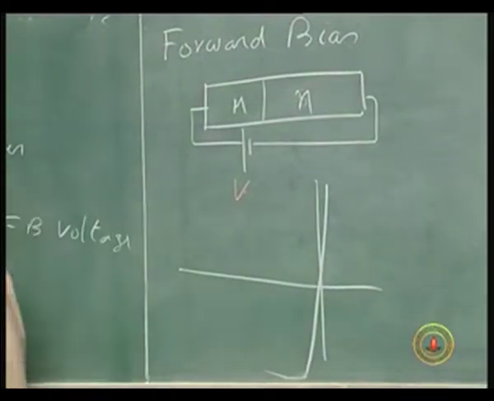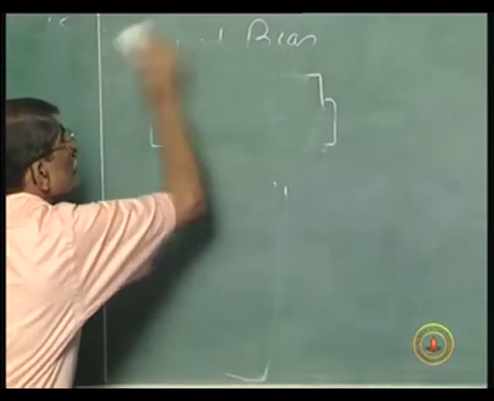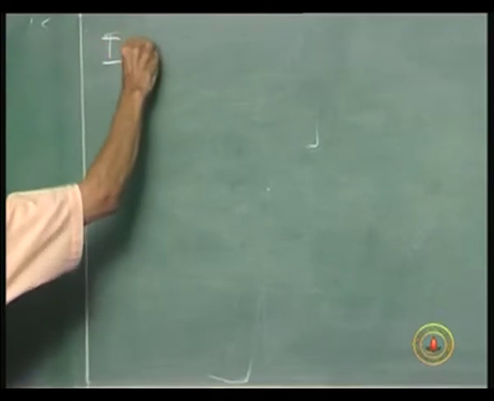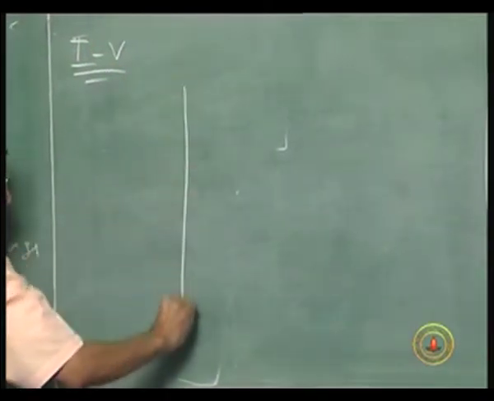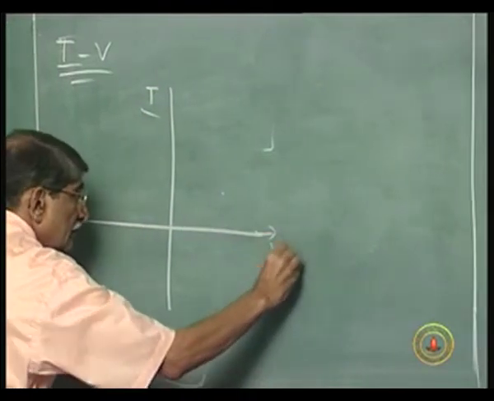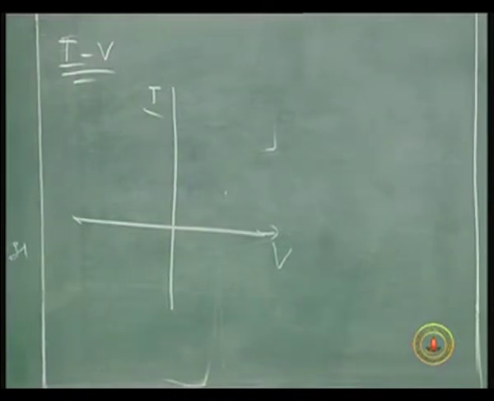Let me just draw it separately here. So, the diode characteristic, current versus voltage. You can still write I equal to I naught times e to the power V by V t minus 1, that is like this.